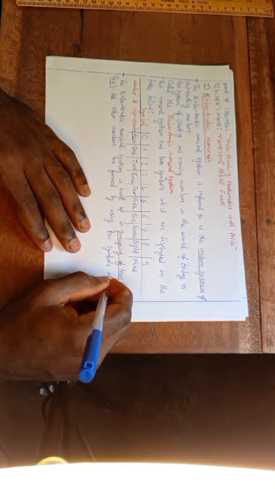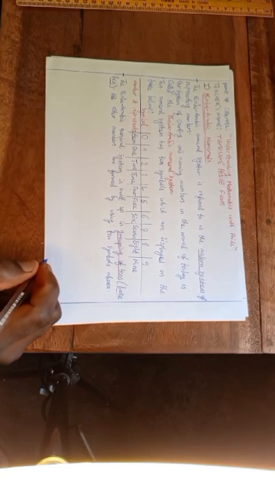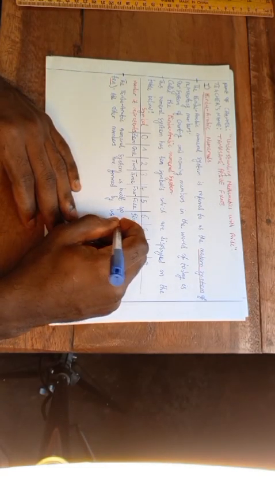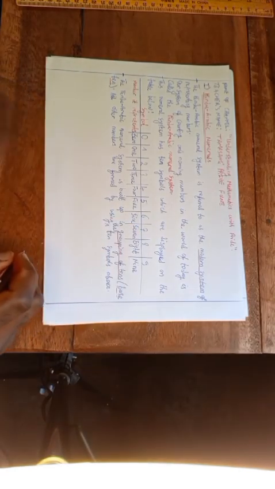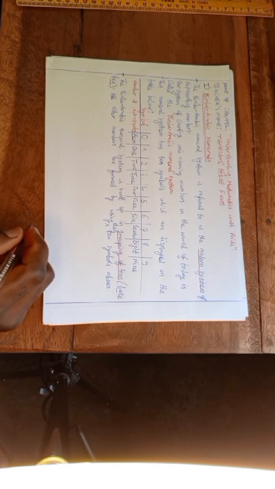The symbols above, you see 0, 1, 2, 3, 4, right up to 9. We call them digits. Let's write this down.